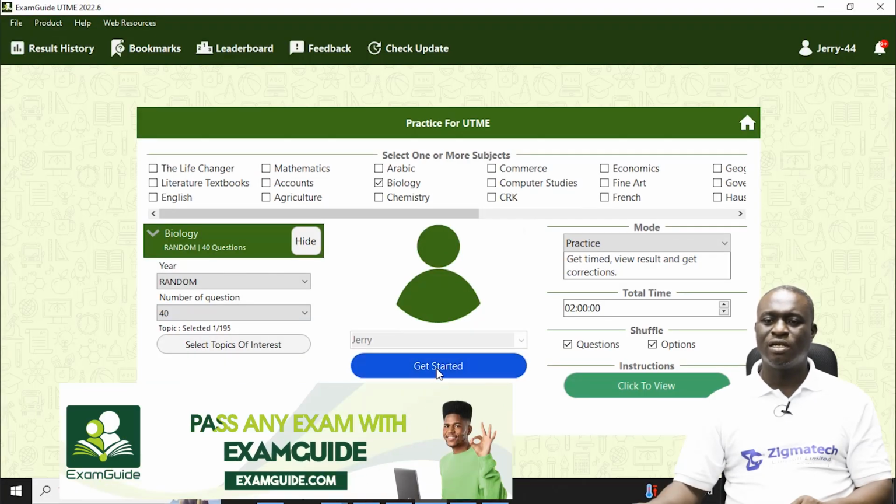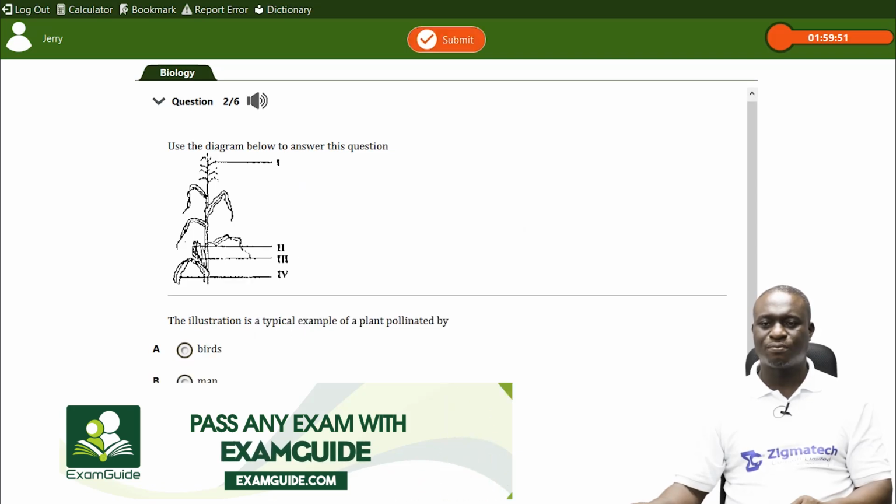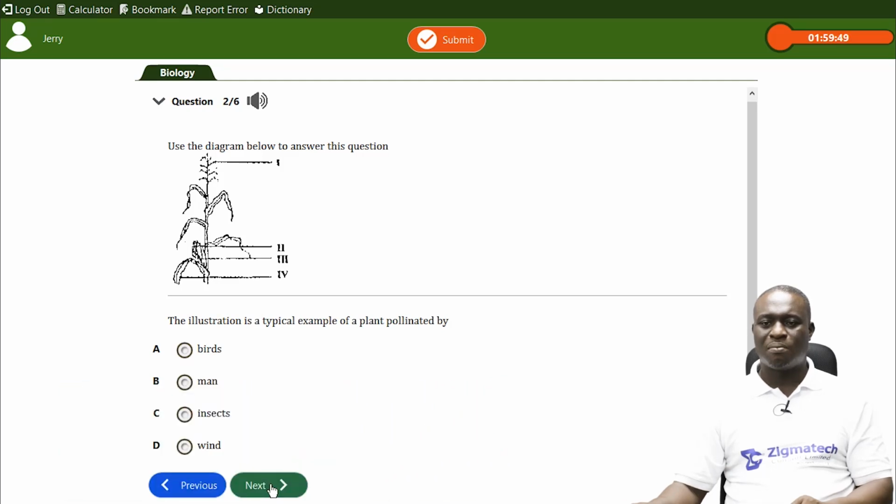Let's look at UTME and see some few questions here. They said here the male inflorescence is labeled 1, but we're not looking at this. We want to relate it to pollination. Now, look at this. They said the illustration is a typical example of a plant pollinated by... If you look, this plant is a maize plant.